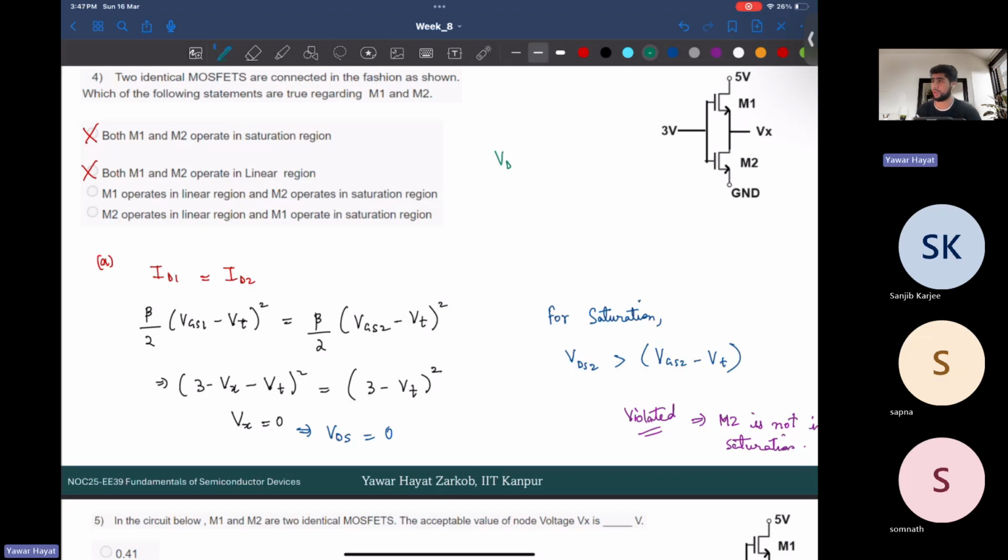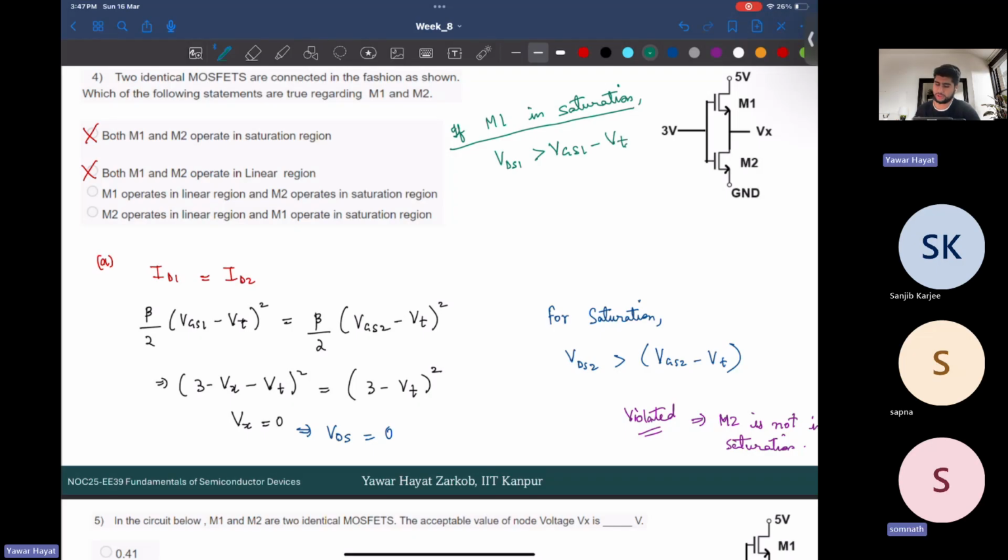So what about M1? For M1 to be in saturation, then VDS1 is greater than VGS1 minus VT.